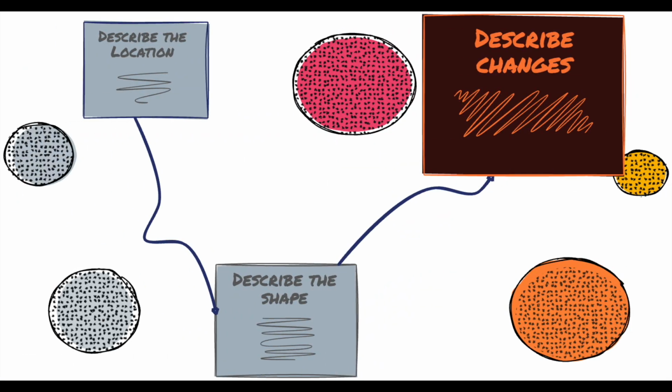Now, the third area that can be really useful is what I call size change language. This particularly applies to map number 2, where you have to describe how the features have changed.